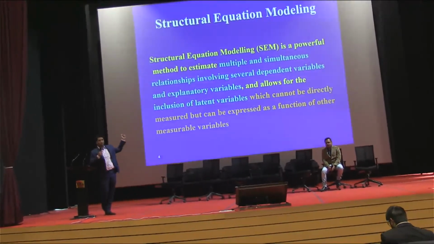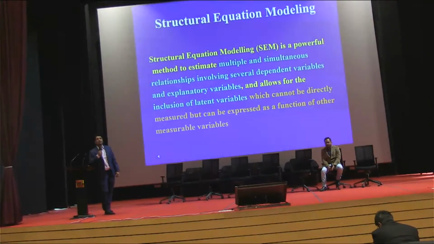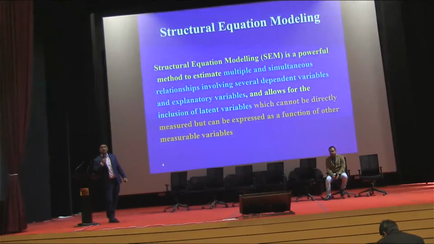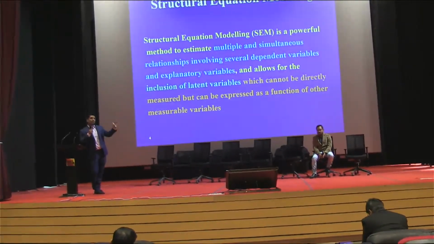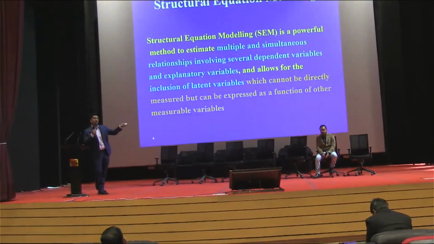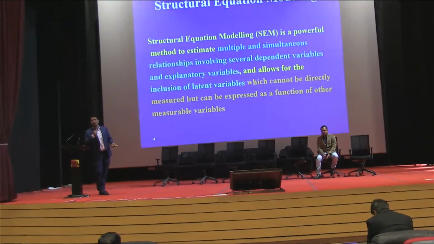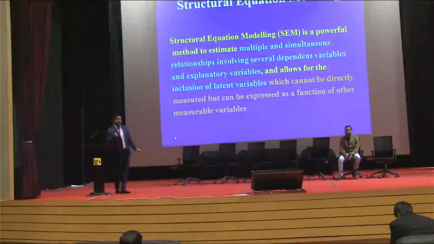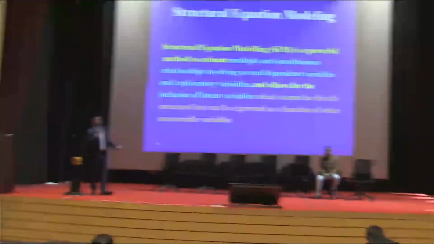Also, in structural equation modeling, we not only analyze the relationship between two similar types of variables, like observed with observed or unobserved with unobserved. We can also try to find out the relationship between observed variables and unobserved variables, which we usually do with the help of a CFA model, right?